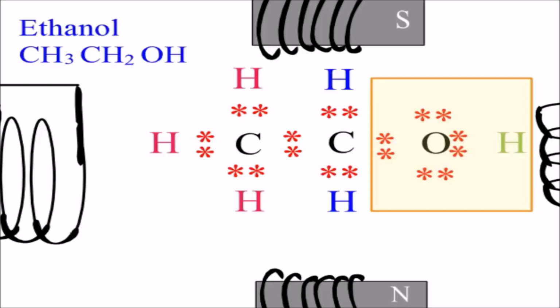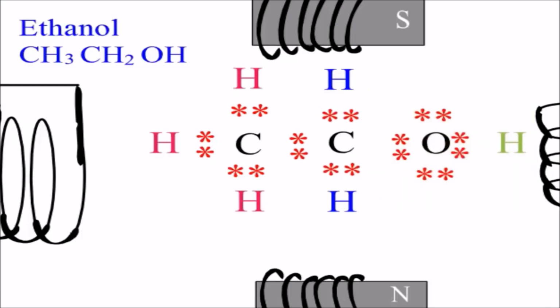Now take a look at the other electrons to the left of that oxygen, the electrons shared between the carbon and the oxygen atom. Again, oxygen is more electronegative than the carbon atom, so it will win out and pull the electrons closer to it. So that causes that particular carbon to become, as it were, greedier for the electrons it's sharing with the two hydrogens above and below there.